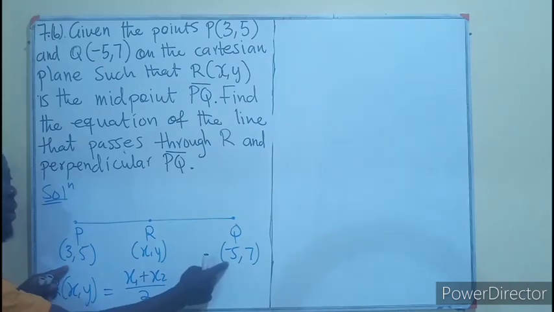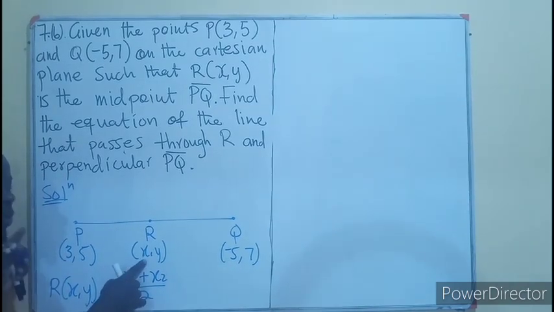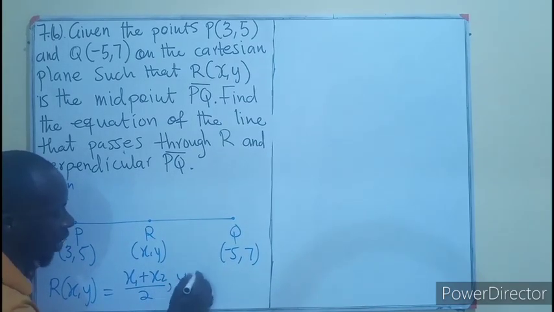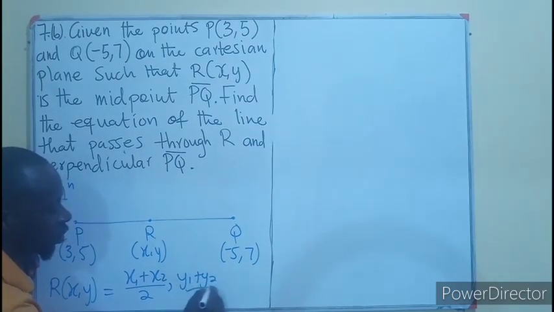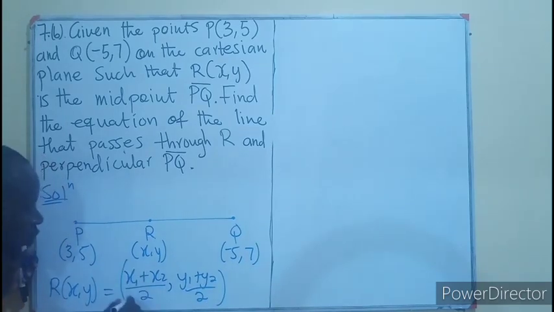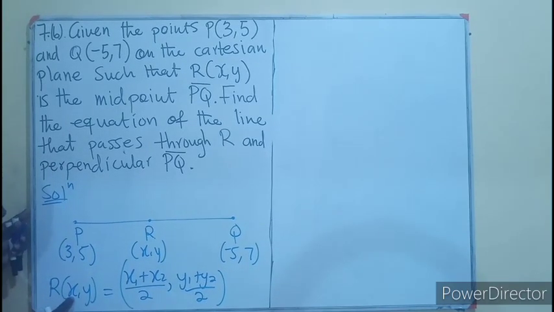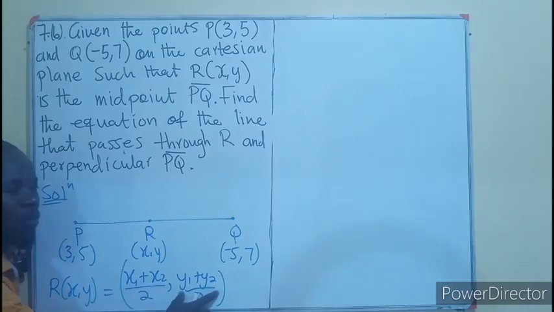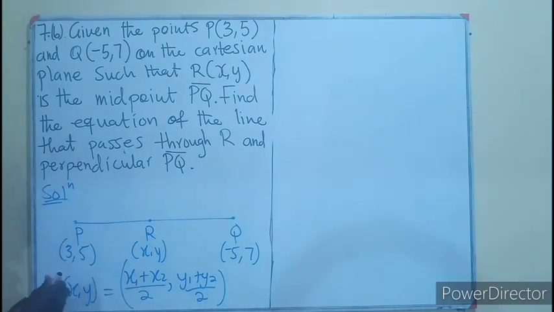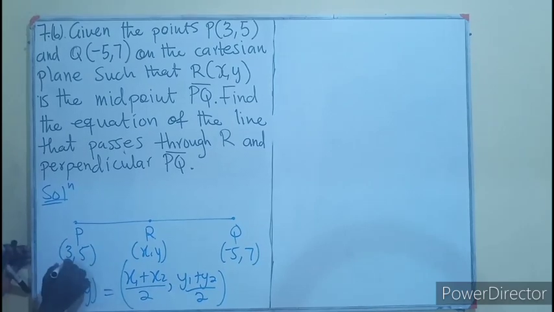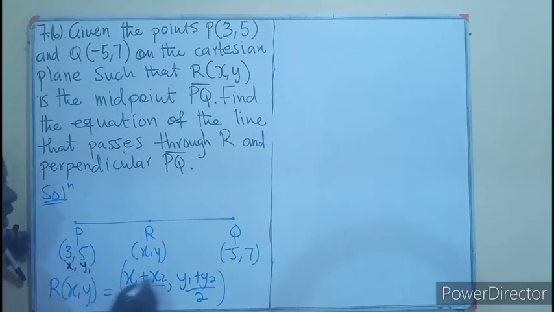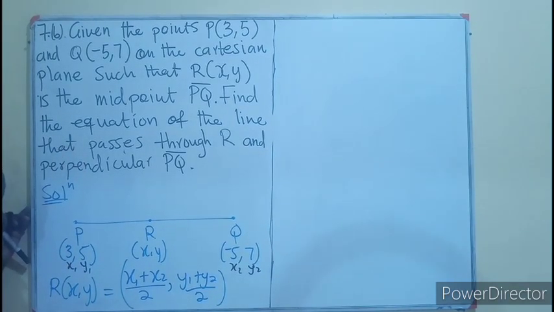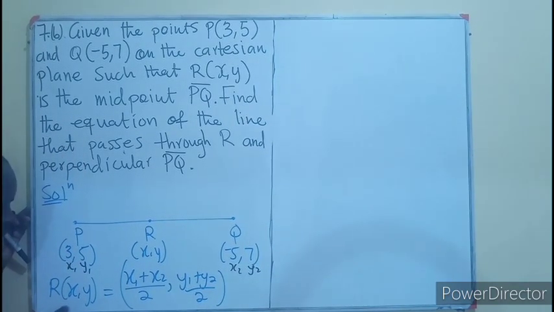We add the two x coordinates and divide by 2 to give the first coordinate of R. Then y1 plus y2 divided by 2 gives the y coordinate. If I label the points as x1, y1, x2, y2, then right away I can find the coordinate of R.